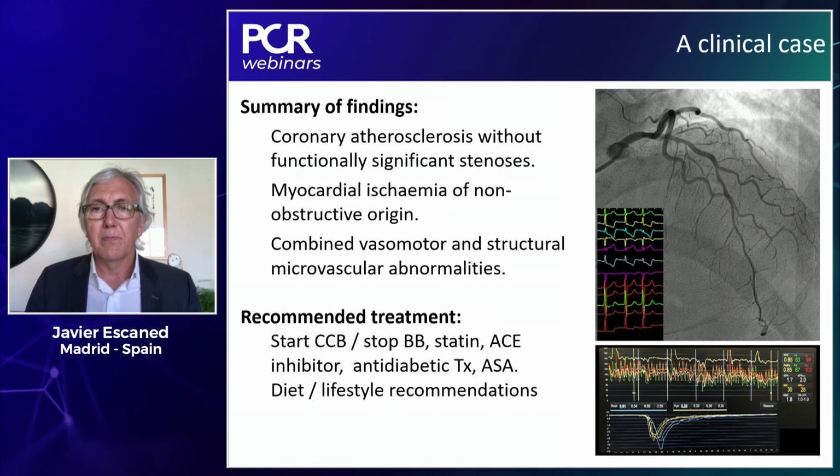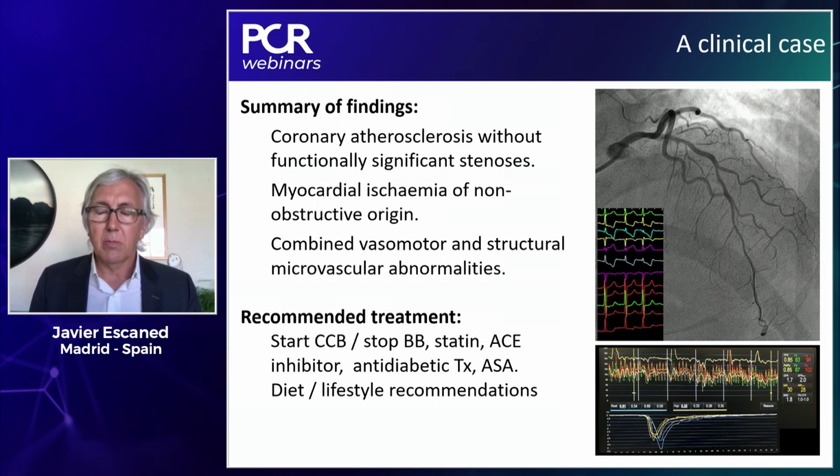So what we did, we first, of course, stopped beta blockers because we think that in this particular patient, what predominates is a vasomotor disorder. We started a calcium channel blocker, diltiazem. We made sure that the patient was on a statin. We gave an ACE inhibitor, which has a very salutary effect on the endothelial function.